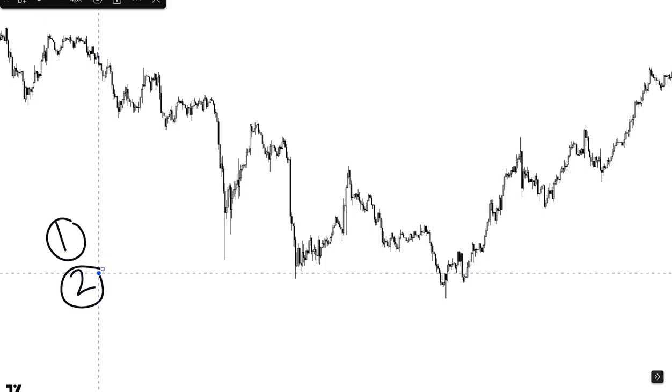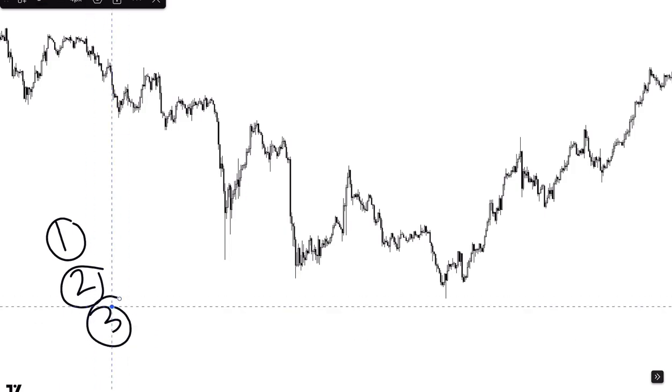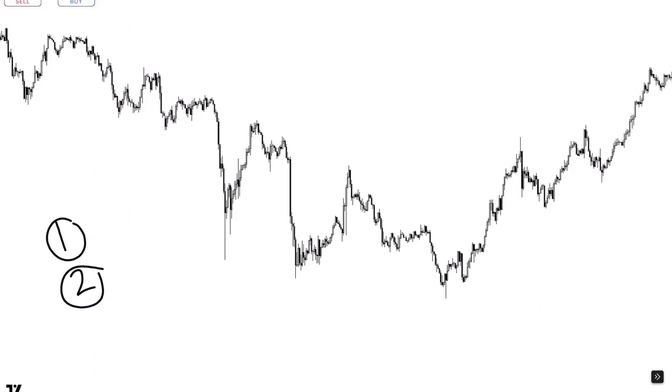And after that, we're going to have the kiss of death turtle soup, right? And these are the main entry models we are going to trade, and you are advised to trade forever.